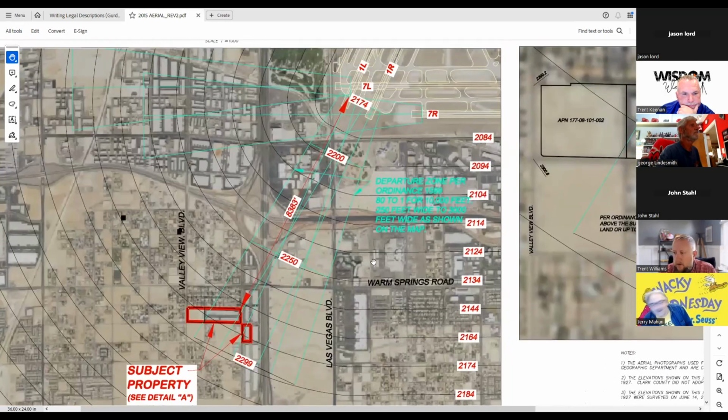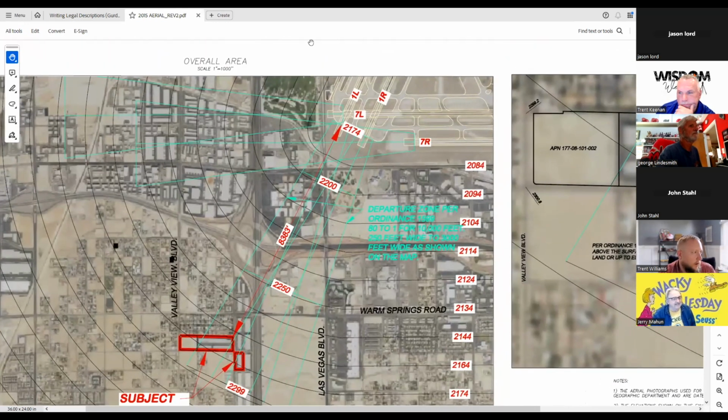Okay, and then Teresa threw out one here. It's a corporation quick claim deed that has some language in here.